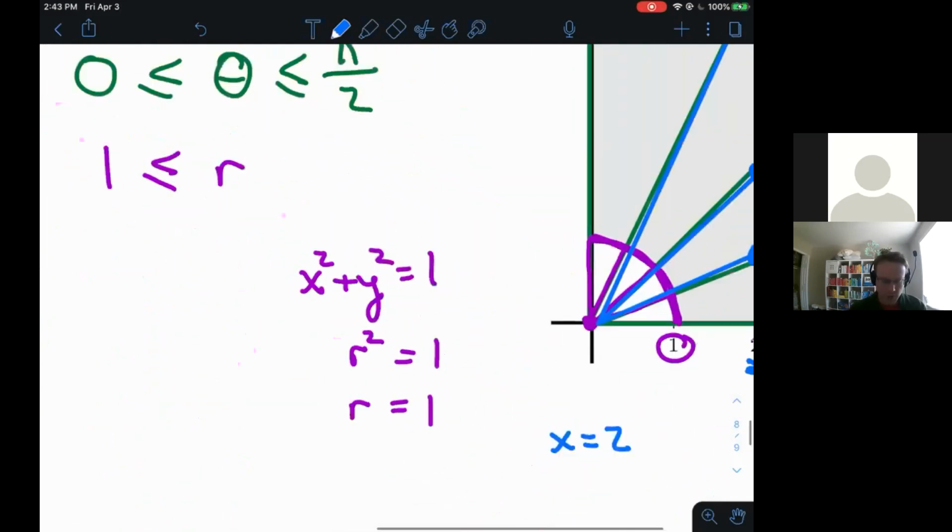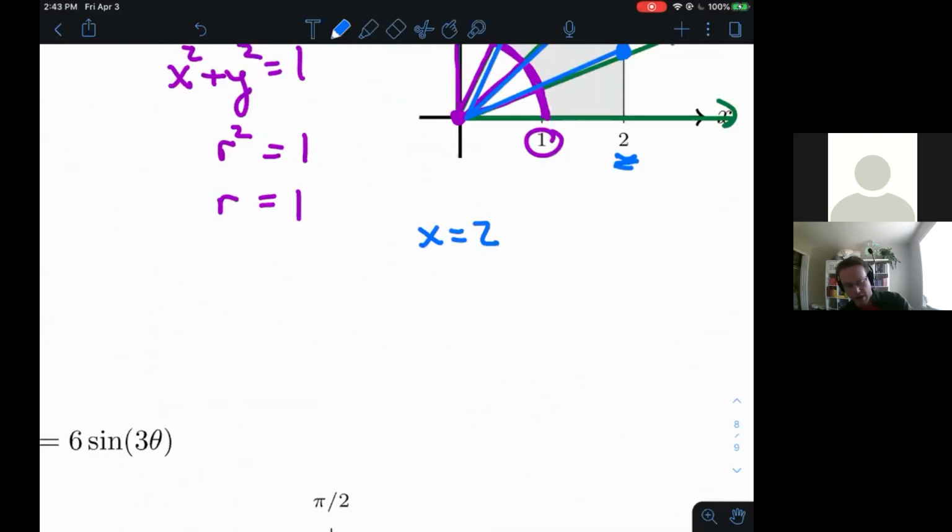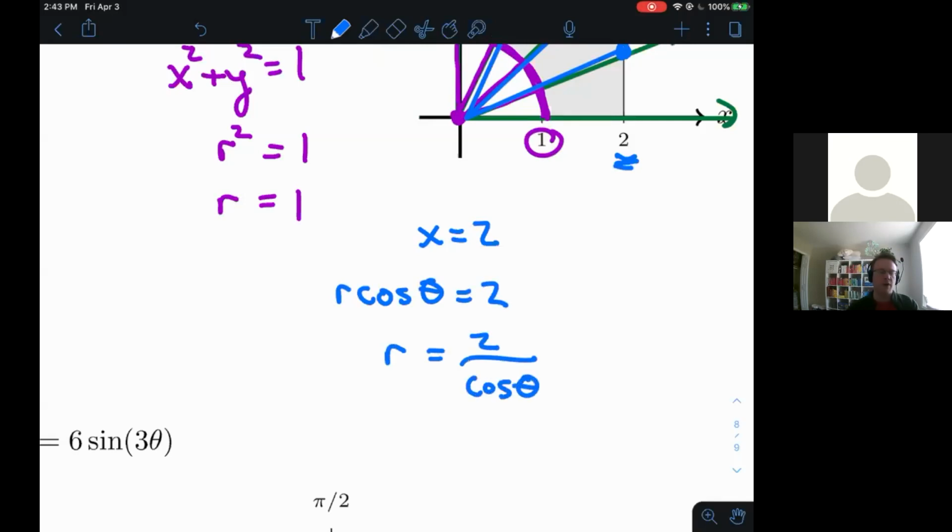So instead of x, I'm going to put r cosine theta, exchanging in reverse here. If I want to solve for r, I would say r is equal to 2 divided by cosine of theta. So I just divide by cosine on both sides.